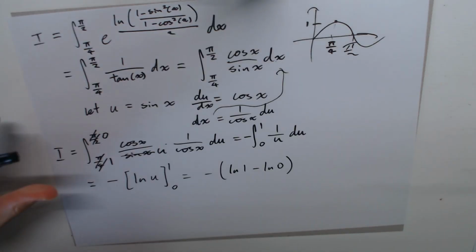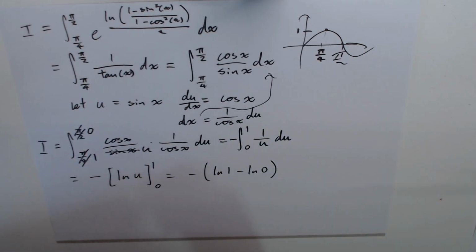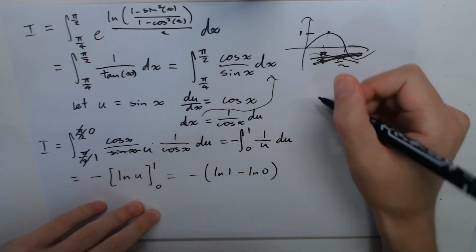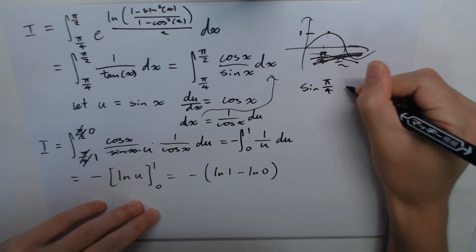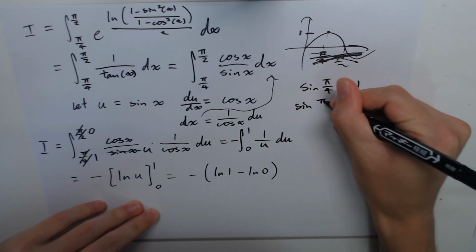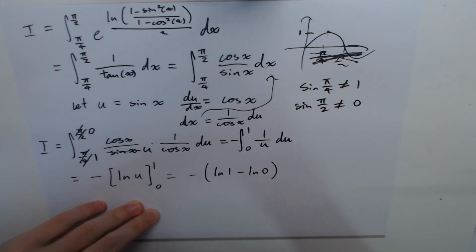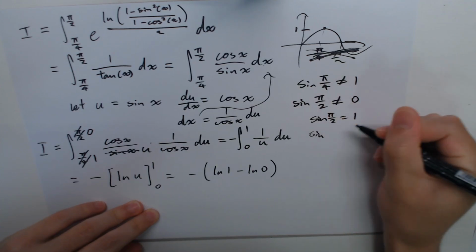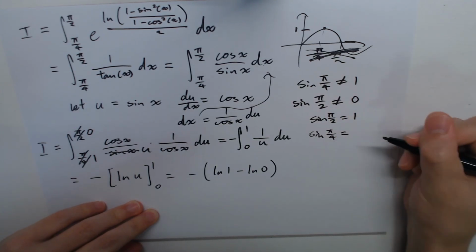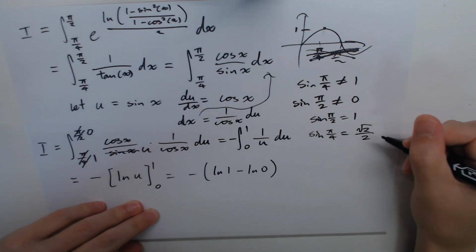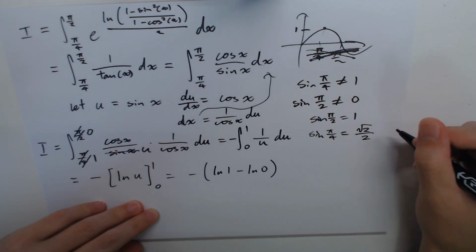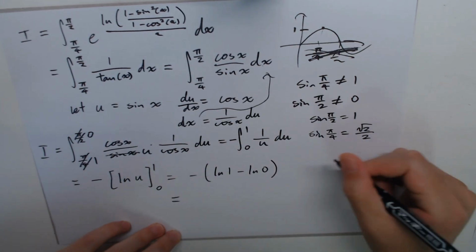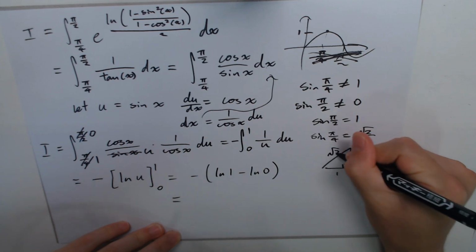Okay. I've realized what the mistake was. This is wrong. Sine pi over 4 is not 1. Sine pi over 2 is not 0, of course. Sine pi over 2 is 1, and sine pi over 4 is, I think, root 2 over 2, because it's 1, 1, root 2.